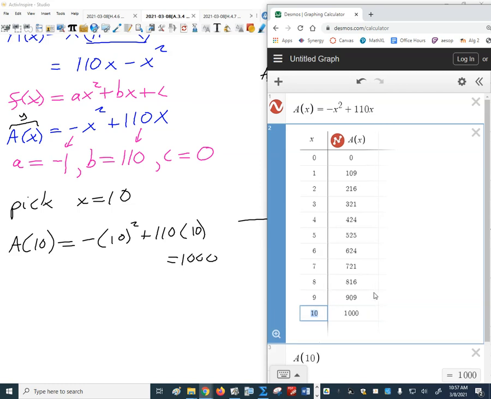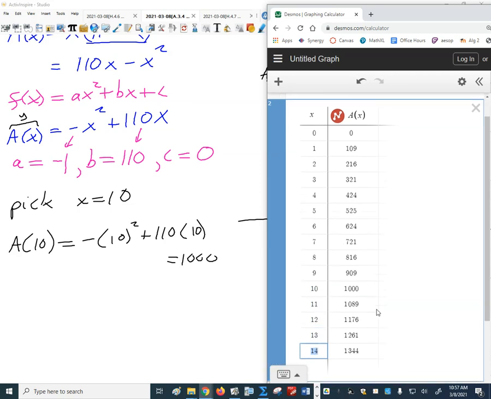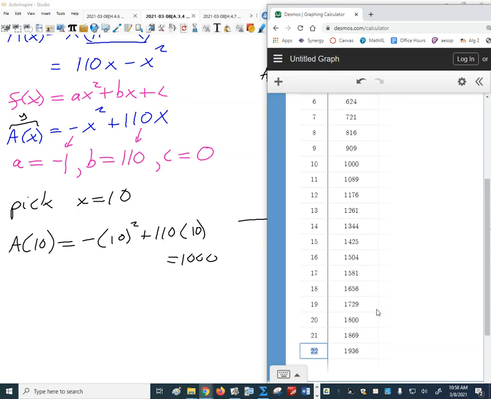Okay, we left off on 10. 10 was 1,000, right? If I keep going with this, look, the areas keep climbing, don't they? Getting bigger and bigger. Still going up.